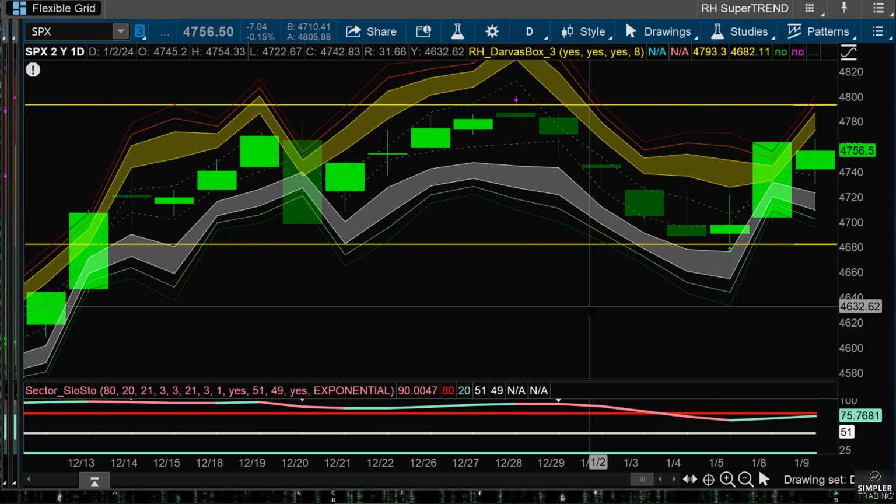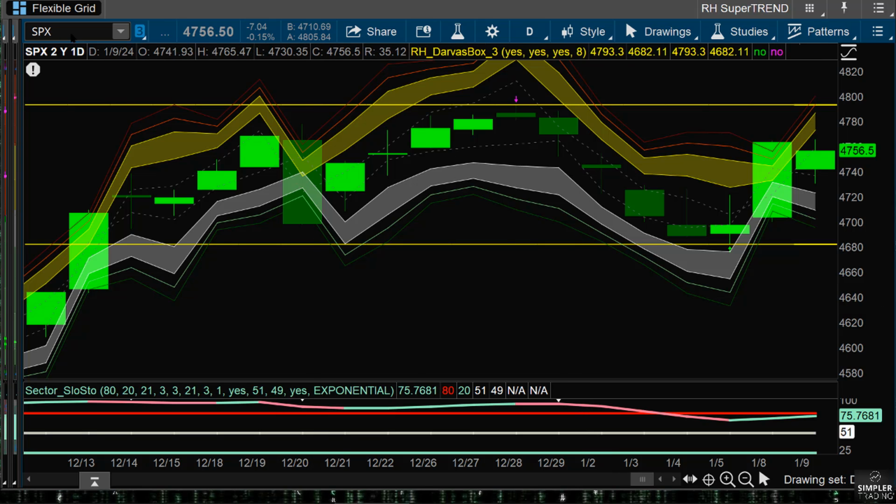So a pullback into that gray zone, which updates every single day to reflect the volatility of the current session. In other words, think about it. We know that all Mondays tend to operate kind of similarly. Tuesdays have their own characteristic. Wednesday, Thursday, Friday, right? Why can't we look at volatility from the perspective of a typical Monday, a typical Tuesday, a typical Wednesday? That's exactly what the DPMRs do, and that's exactly what I'm going to be looking at there. So that's how I want to trade the S&P.